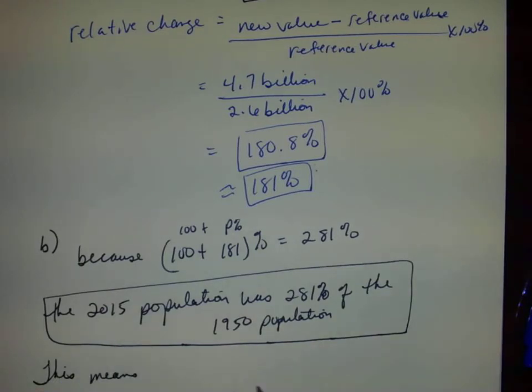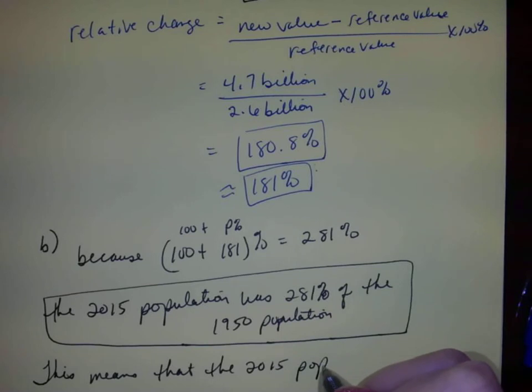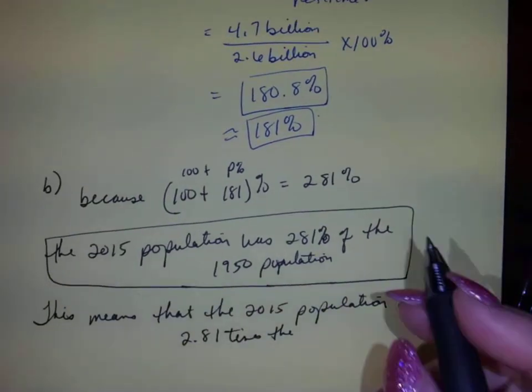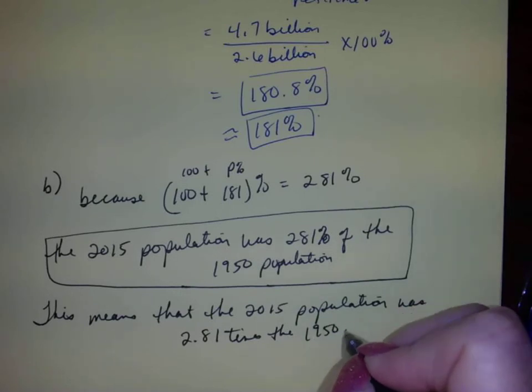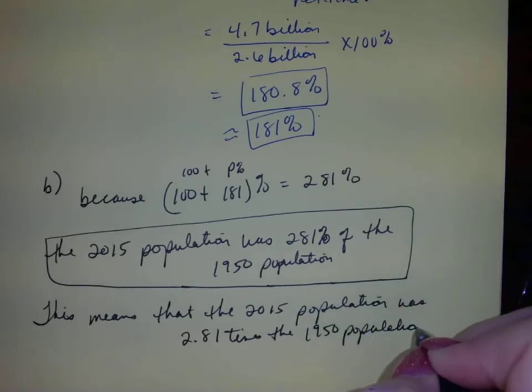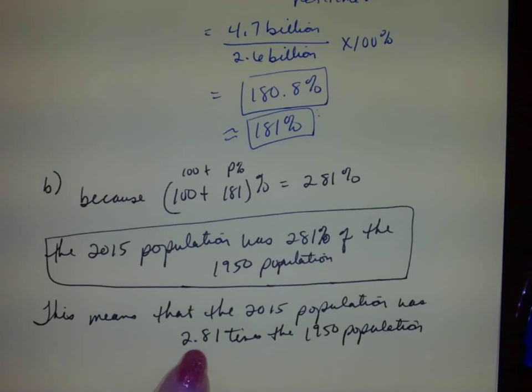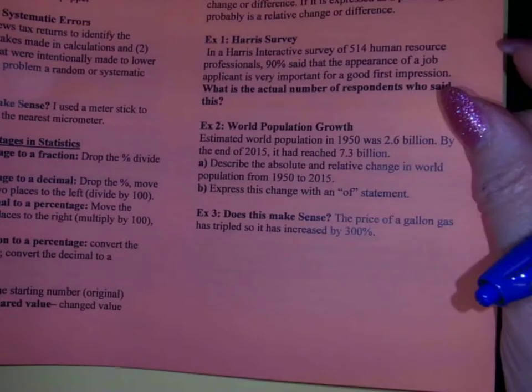And I only say this so that we can have a further understanding that the 2015 population was 2.81 times the 1950 population. So almost 3 times as much, okay? So this would be your of statement. It's this percent of that. All right, example 3. Does this make sense?